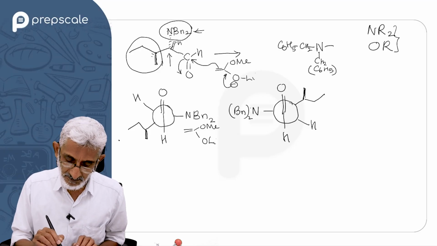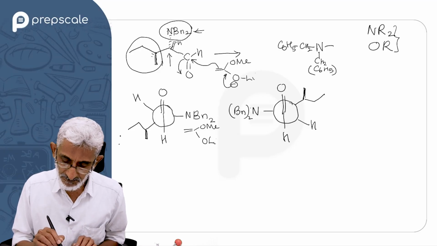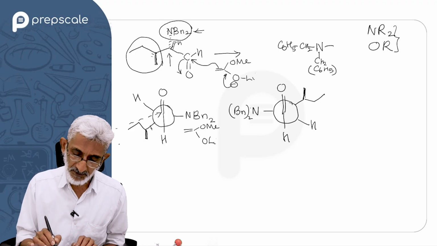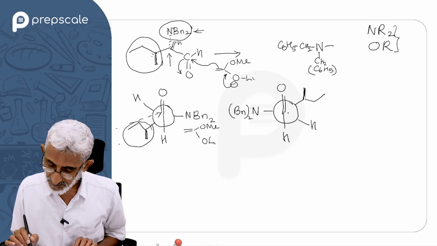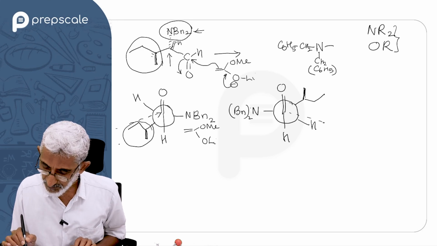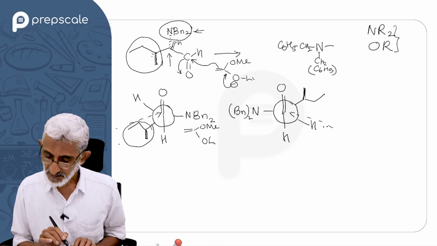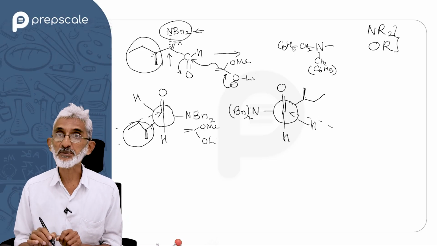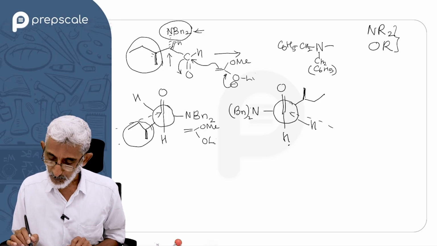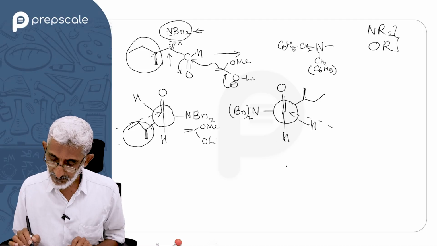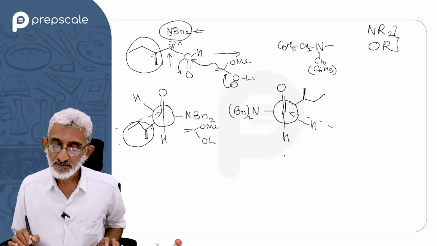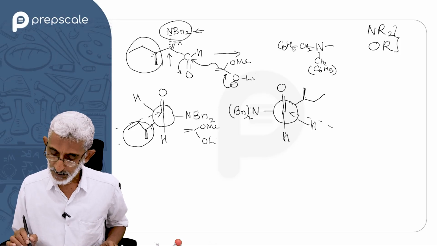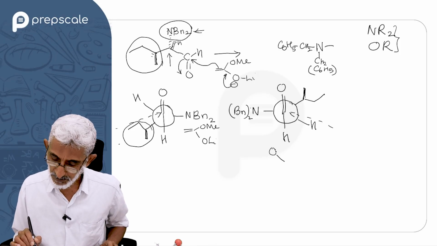Now, this is one possible attack, which is not preferred because of the bulkiness of this. But here, the attack is preferred from this side. So you get this as the major product. So what does it give you? Yes, I have the OH over here.